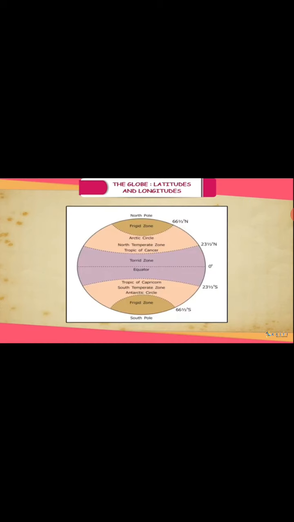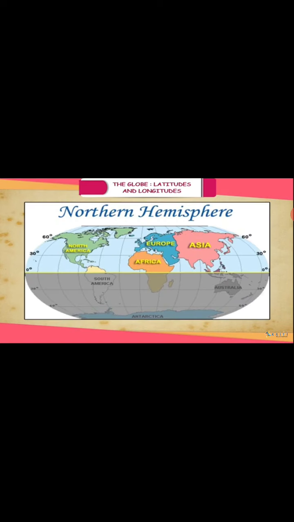Important parallels of latitudes. The latitude of a place is its angular distance north or south of the equator. It gives the location of a place from the equator. There are 4 important parallels of latitudes. A. Tropic of Cancer, 23.5 degrees north, in the northern hemisphere.